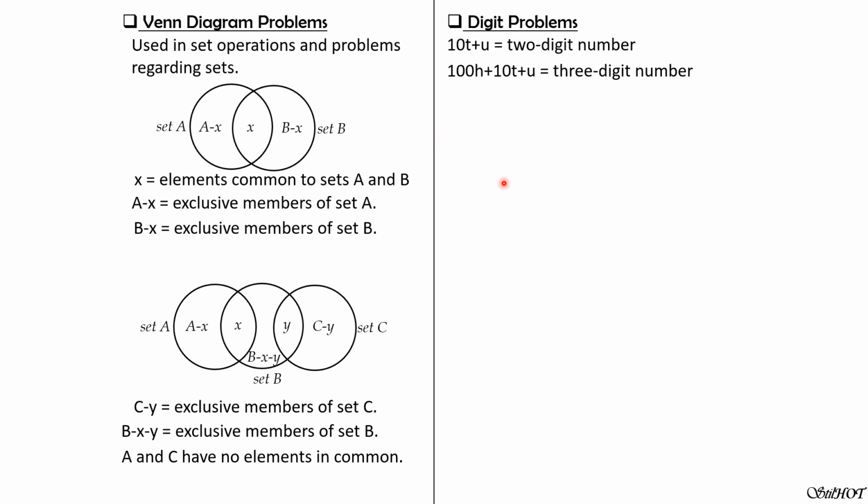Then when the order of the digits is reversed, for example, if it is a 3-digit number, then it becomes 100u plus 10t plus h. So a 3-digit number with the order of the digits reversed. That's the principle. Then the rest would be algebra.